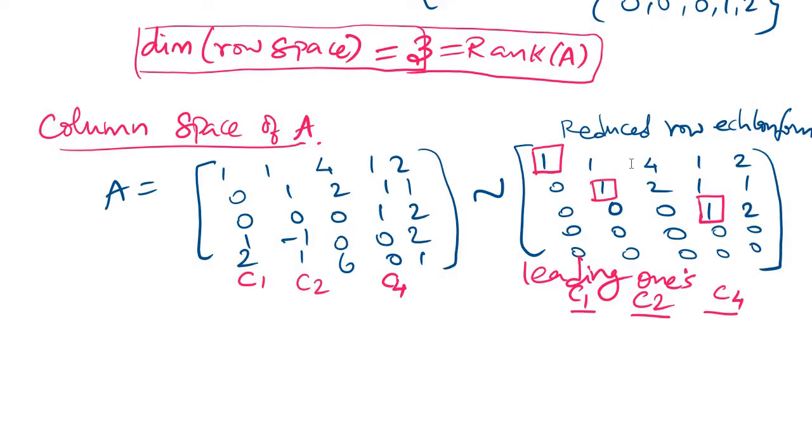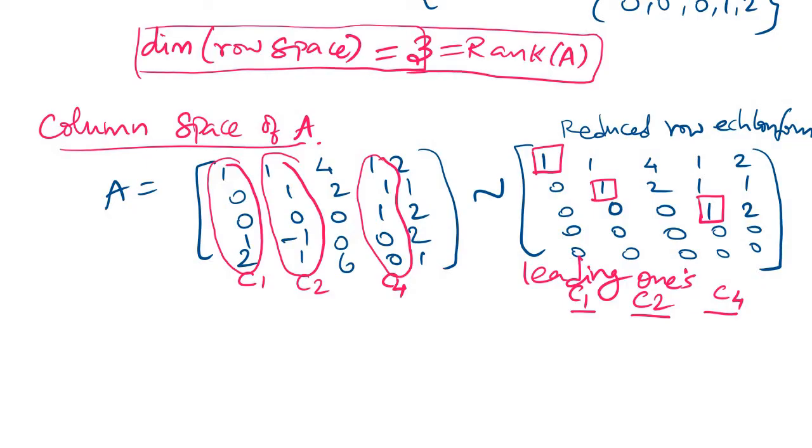The leading ones lie in column 1, column 2, and column 4. The corresponding columns in the original matrix, C1, C2, and C4, form the column space.